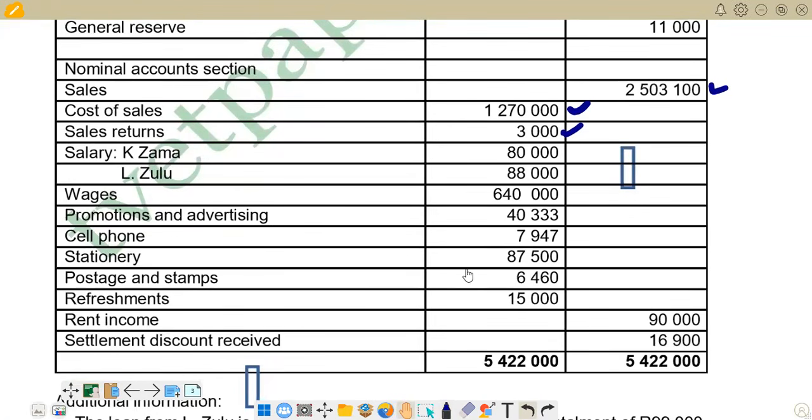Usual incomes do have credit balances, so you can check incomes on the credit side. Remember, this is the credit side and this is the debit side, so incomes will be on the credit side. So here, you've got settlement discount received. This is an income. So you've got 16,900. You can go and put that one under other income.